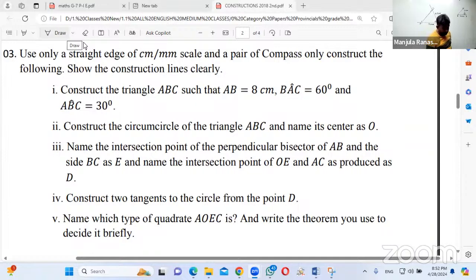Right. So now you know where AB equals 8 and two angles are given. As I mentioned previously, in this scenario there are two angles and one side given.